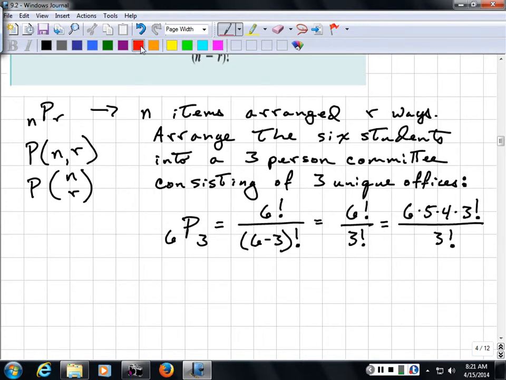I know that the 3 factorials will divide out, and I am going to be left with 120. So 6P3 equals 120. Your calculator will have a permutation key, and you're going to use that instead of using this big old formula, because the formula itself is very easy to make mistakes with.